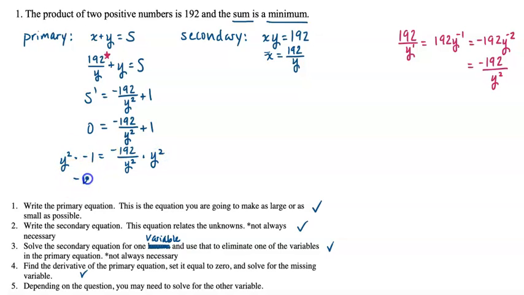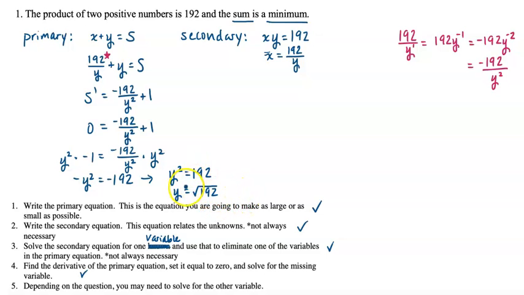And I get negative y squared is equal to negative 192, which means by multiplying both sides by negative 1, y squared is equal to a positive 192, then that means y is equal to the square root of 192.